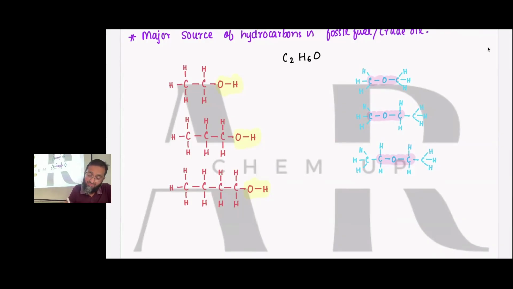So I can mark this thing as functional group.